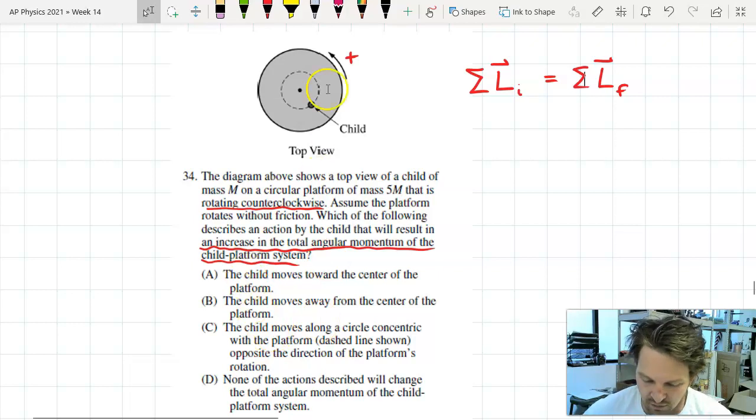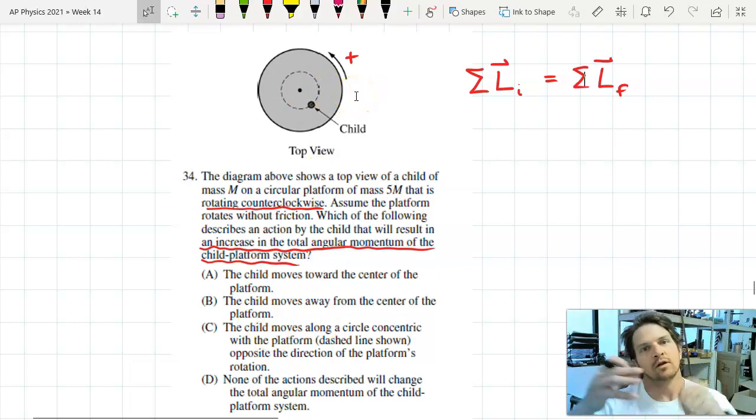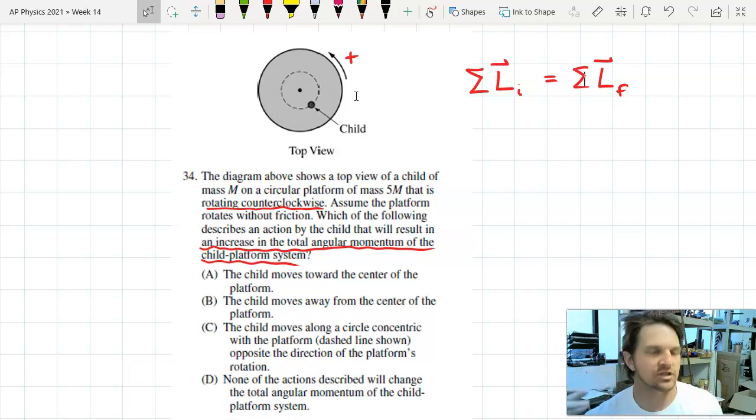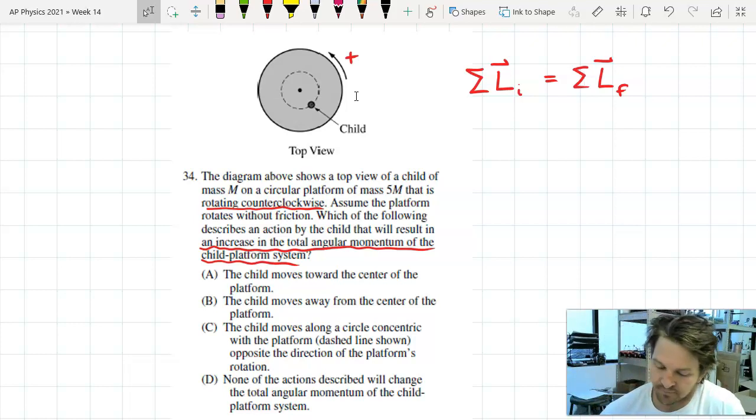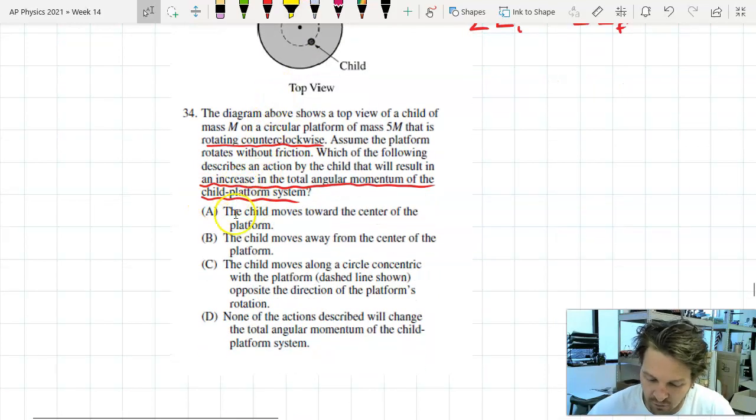The child and the platform are all one thing. They're like one system. So they cannot change how much momentum they have. Remember, only an external force or an external torque can do that. So they can't.